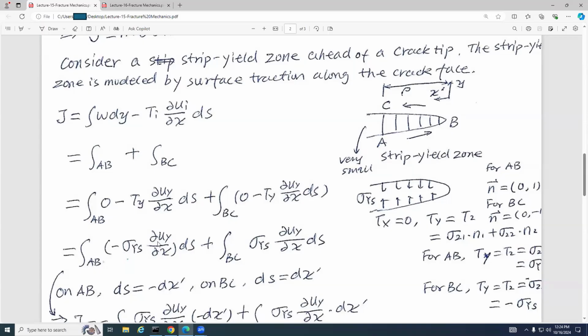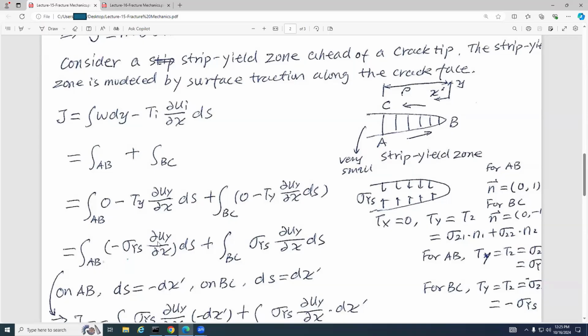And then on AB, okay? On AB, the straight horizontal line, for exaggeration I just draw this one, horizontal line from A to B, ds. ds equals negative dx prime. Do you guys agree? And this x prime goes to the left. Usually we go to the right, right? But now we change x prime.